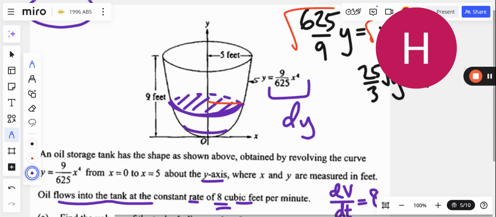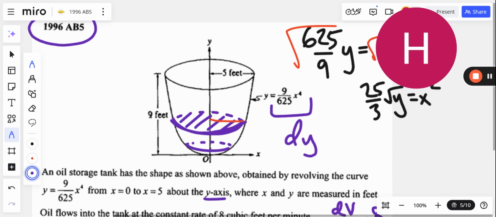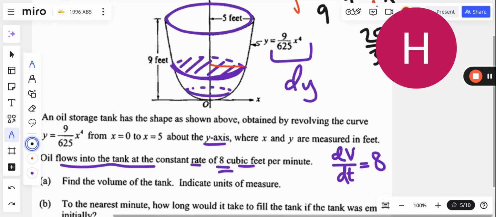The lower ones are smaller, obviously, because the tank is not as wide at that point. And then the biggest of these slices is the very top layer, because the radius is a maximum. See how the radius is getting bigger as we go up this curve. It's going further out to the right, to the side.